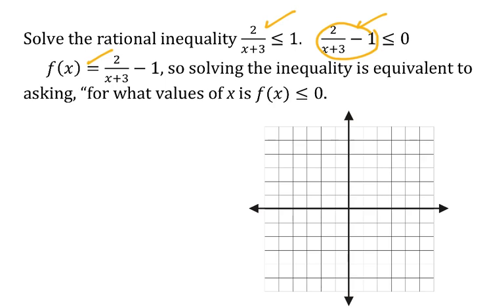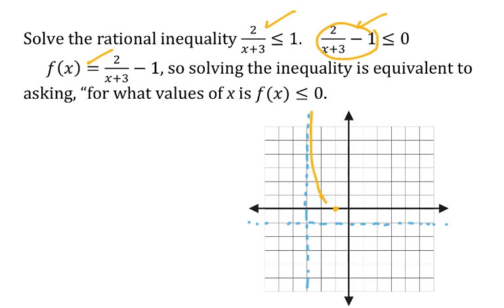So if I can recreate the graph here real quickly, remember that we will have a vertical asymptote here at negative 3, shifted 3 units to the left, horizontal asymptote here at negative 1, shifted 1 unit down. We had a point right here and an x-intercept right here.